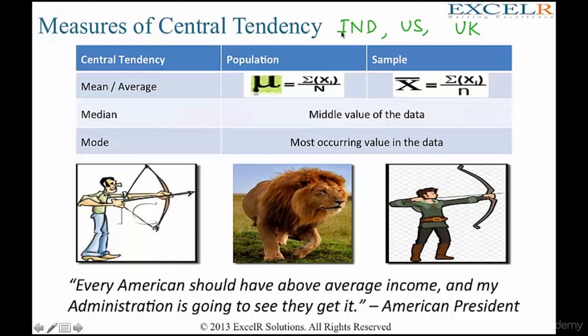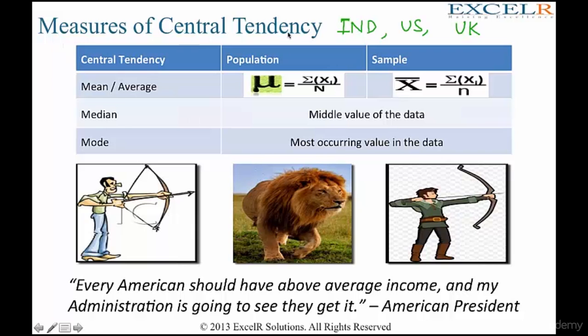The very first question which any management person would ask you is, on an average, what are our sales? On an average, what are our profits? On an average, how many employees do we have? On an average, how much discount do we provide? So this would be the very first question which any management person would ask.